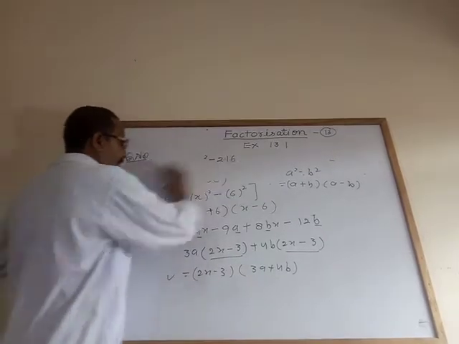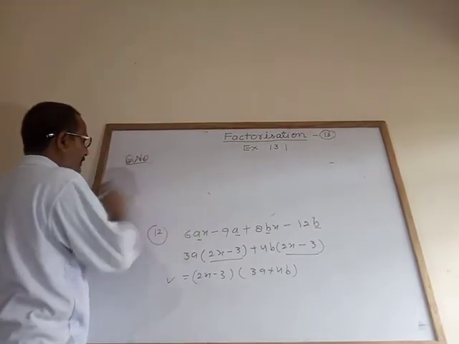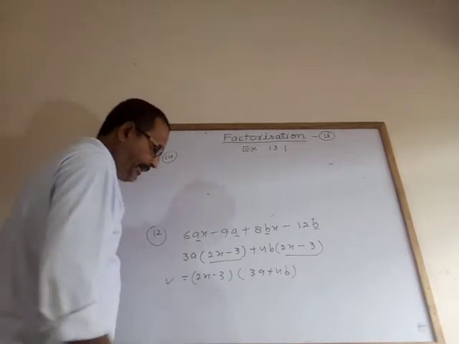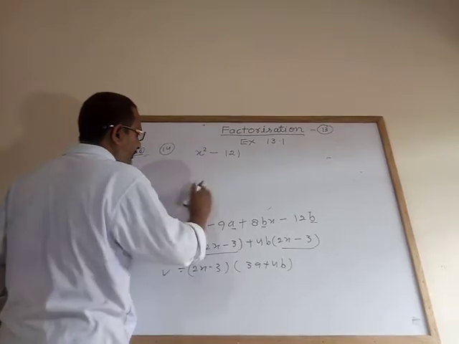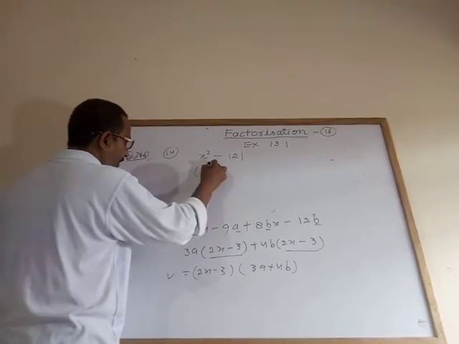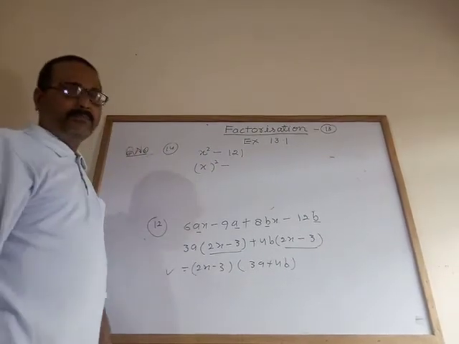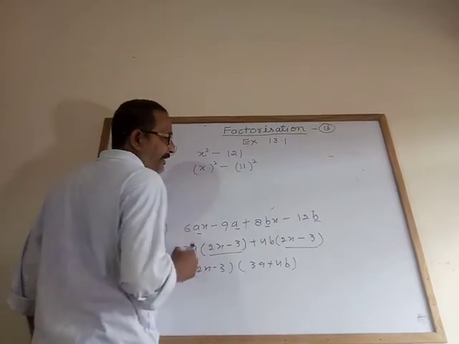Now 12, 13 you have to do. 14 I am going to explain. Question number 14. 14 given x square minus 121. x square minus 121 is the perfect square number. That is the square of 11. 11 square.